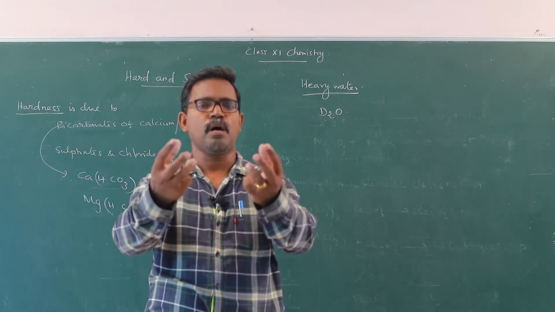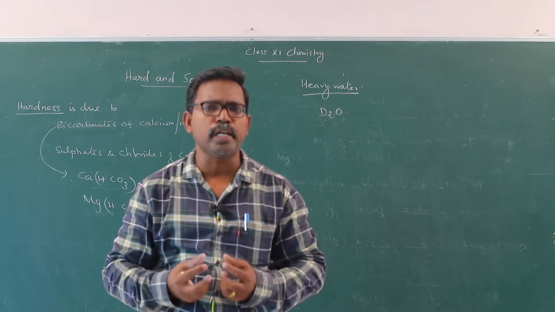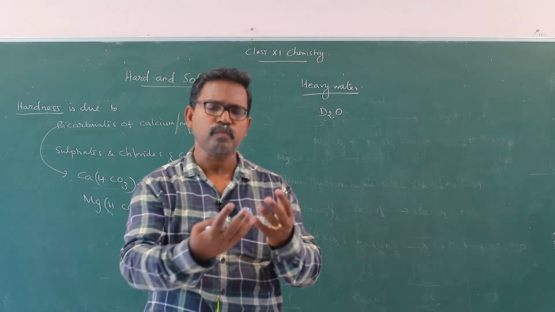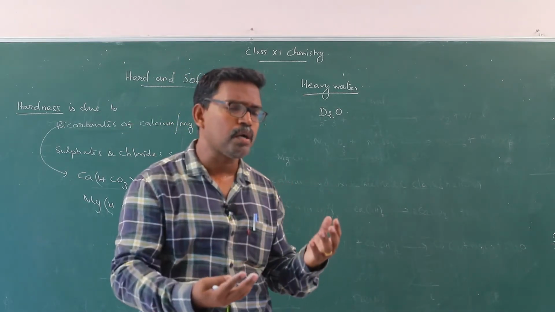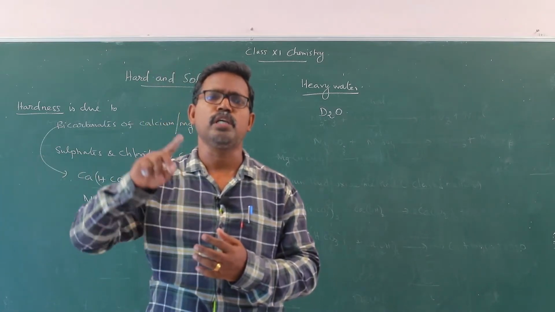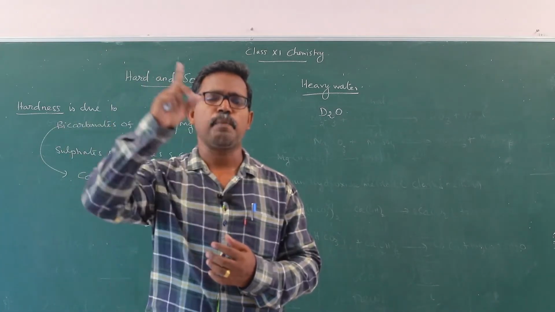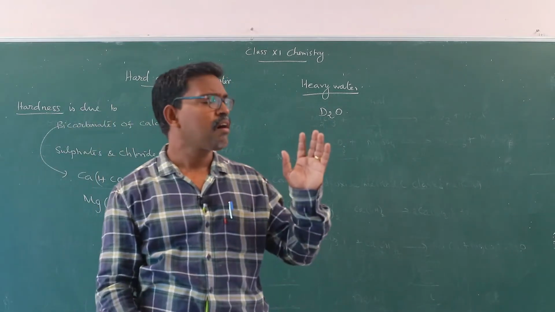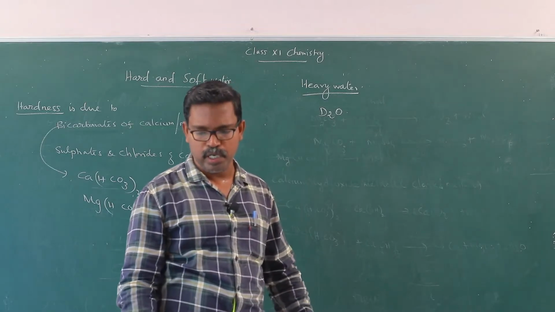So, it absorbs the heat liberated during the nuclear fission process and it becomes steam. The heavy water in the form of steam is passed through the turbines. When the turbines continuously rotate, it provides electricity. So, this heavy water is an industrially important compound.